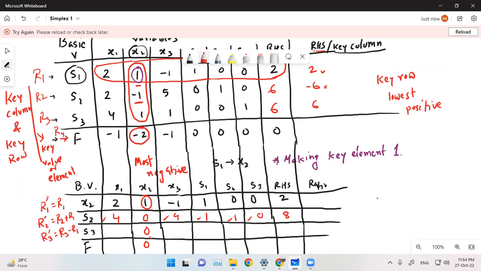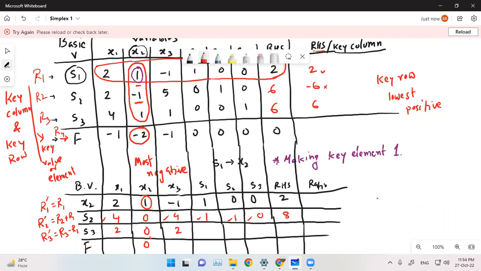What about this value? R3 is 4. So 4 minus 2 will give us 2. Then what will be the next value? Next value will be R3, 1 minus 1. So that will be 2 as well.